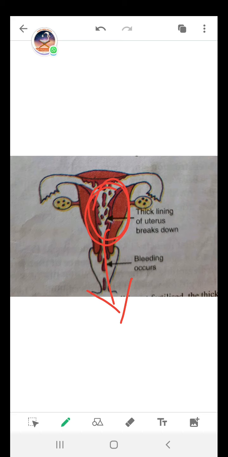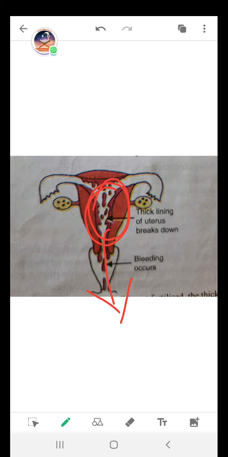So the breakdown and removal of the inner thick and soft lining of the uterus along with blood vessels in the form of vaginal bleeding is called menstruation, or menstrual flow. So this is how menstruation occurs in females.